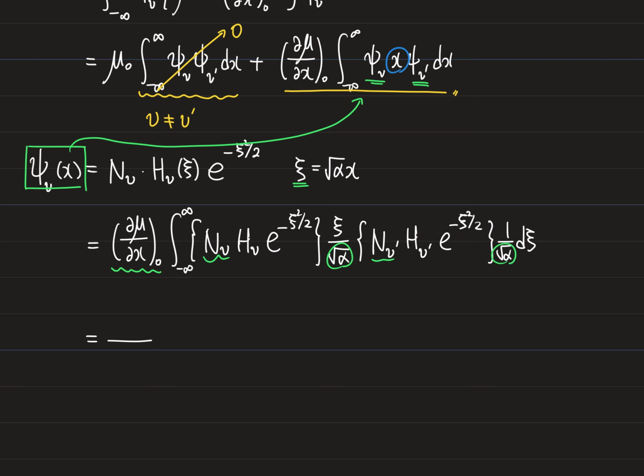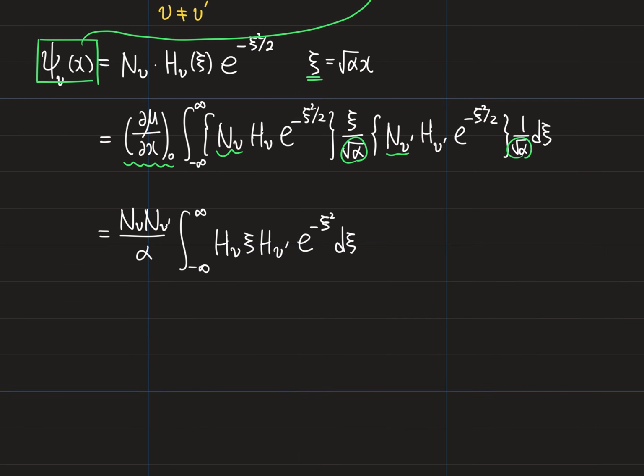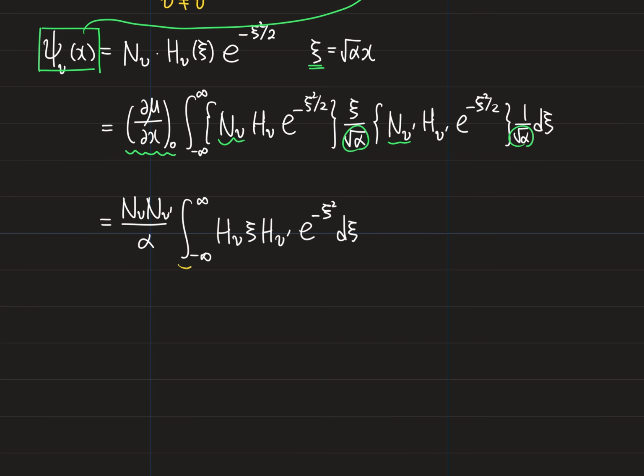So it should be like N v N v prime over alpha, times H v of xi, times H v prime of xi, times exponential of minus xi squared, d xi. So we need to evaluate this integral.